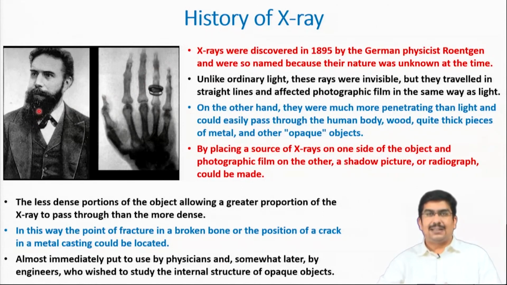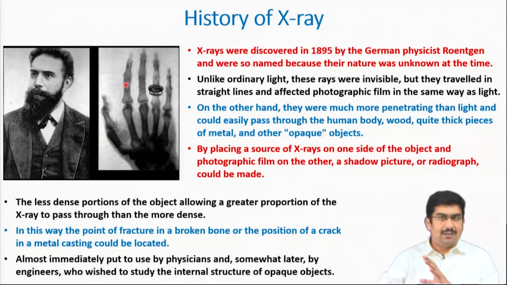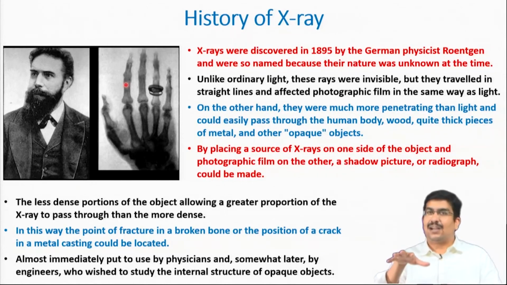And what he realized is that this is very similar to light signals, visible light, but different in that it is invisible. With our naked eye, we cannot see these rays. But they are similar to light in the sense that they travel in straight lines just like light, and they could also affect photographic films like light rays.